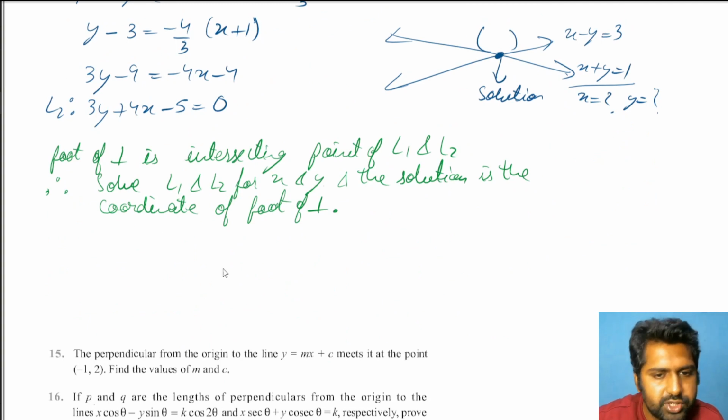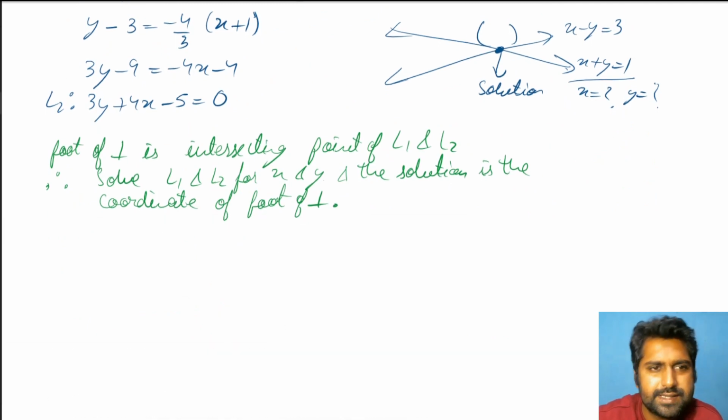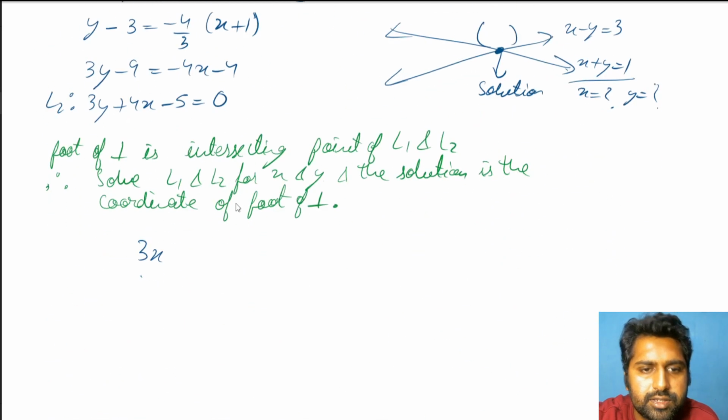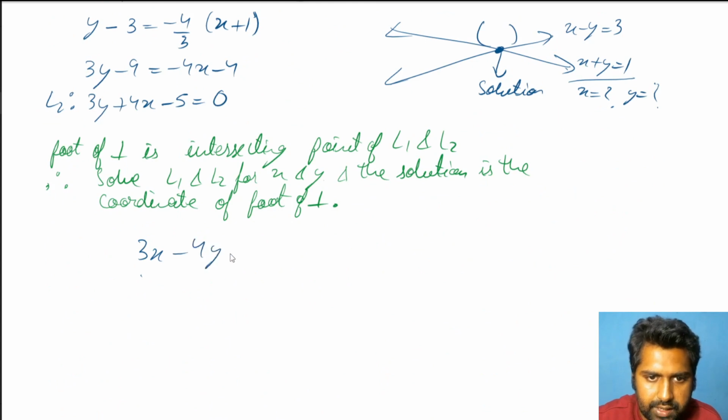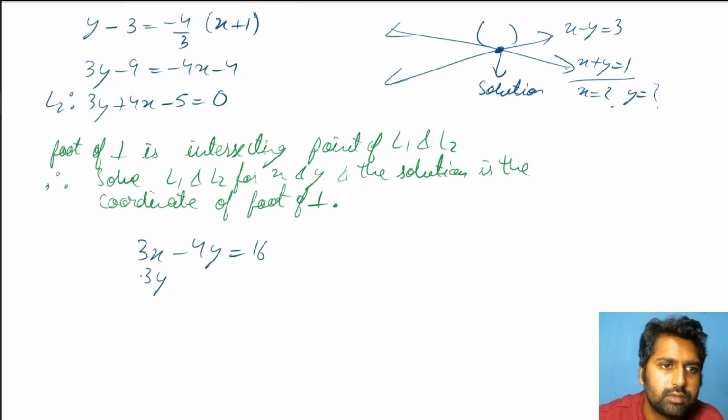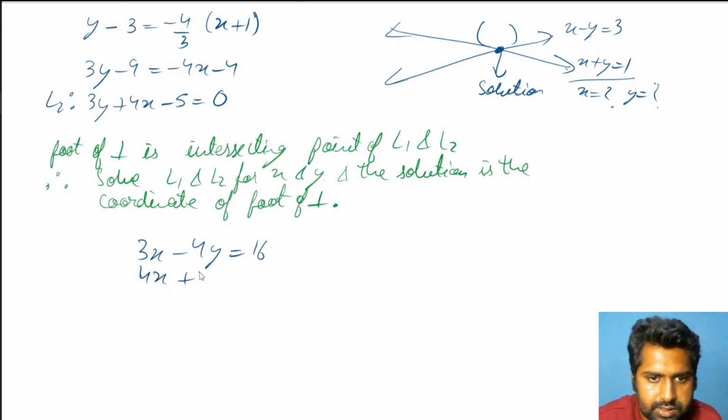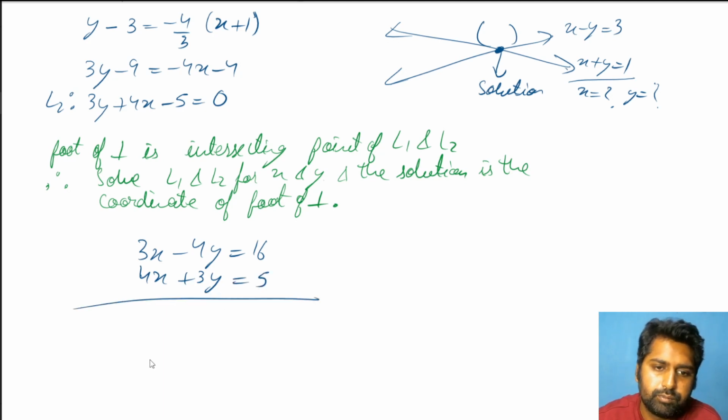It means we have to do the elimination. The easiest way is to do elimination. The equations are 3x minus 4y equals 16, and 4x plus 3y equals 5. This is what we have to solve.